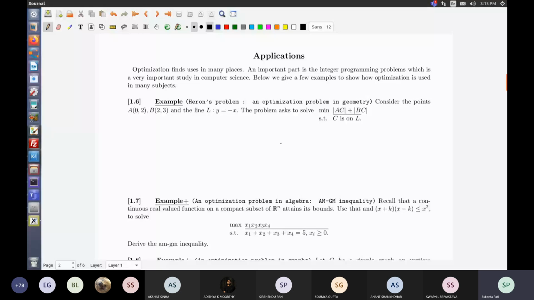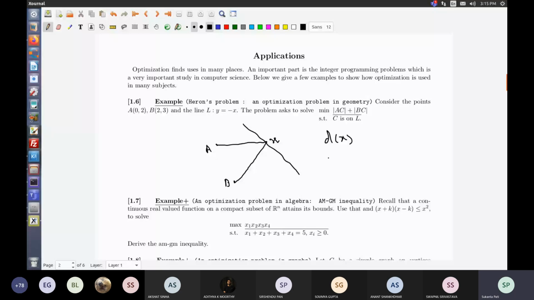Suppose you have a line, and then there are two points, call them A and B. Given any point X on the line, if you travel from A to X and X to B, that is your function d(x). The question is to minimize d(x) subject to X belonging to L, the line.